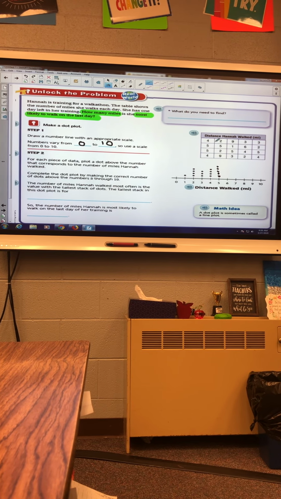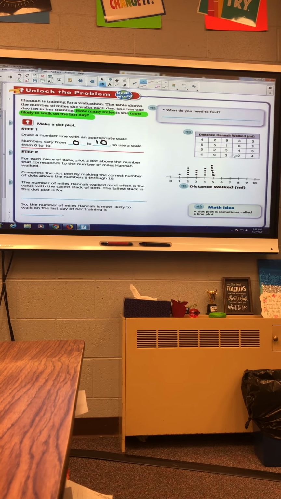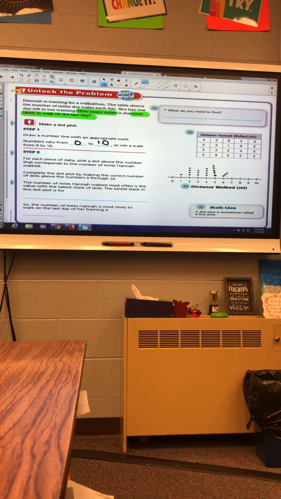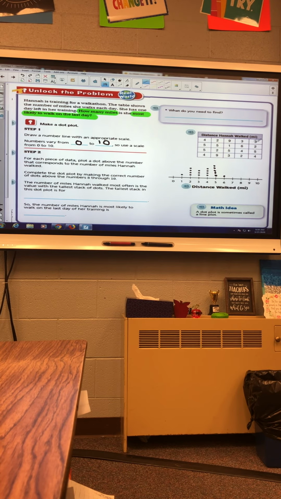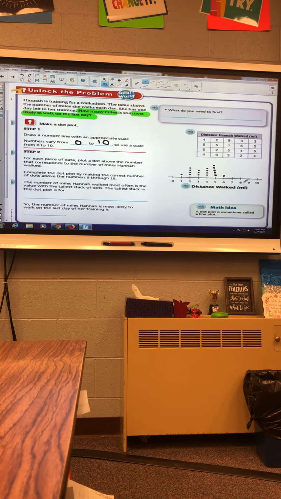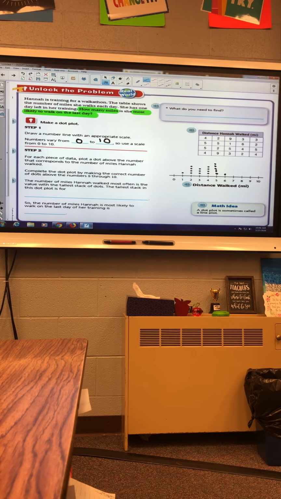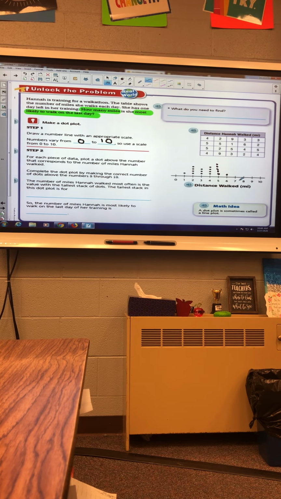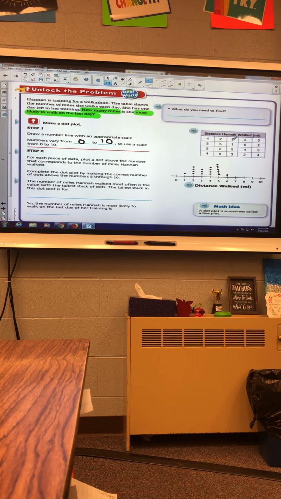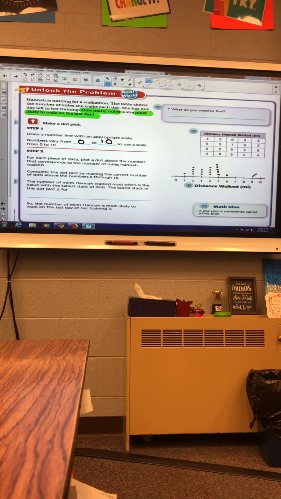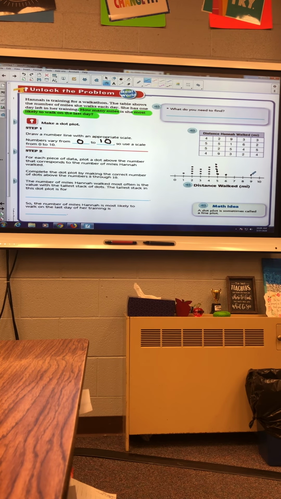Okay, 6. So I have 1 day she walked 6 miles. 7, I don't see any 7, so I would just leave that blank. I don't see any 8, so I would leave that blank as well. 9, so on 2 days she walked 9 miles.